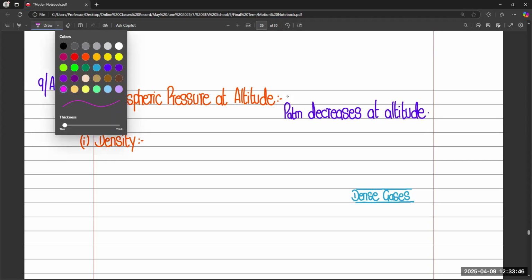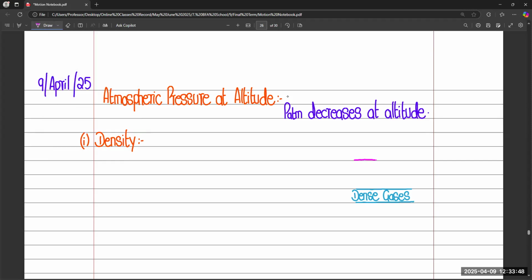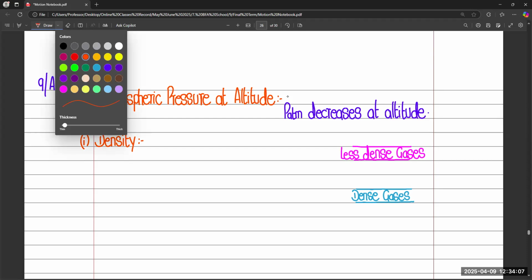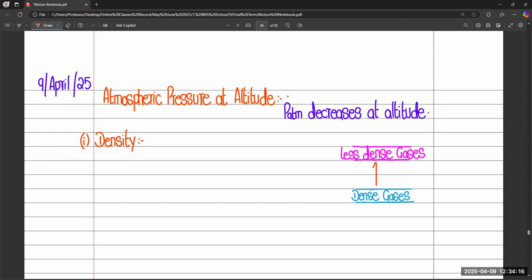And if we move to altitude, we have less dense gases. So in the same way, when we move towards the altitude or to a certain height, we are moving into the region of less dense gases.